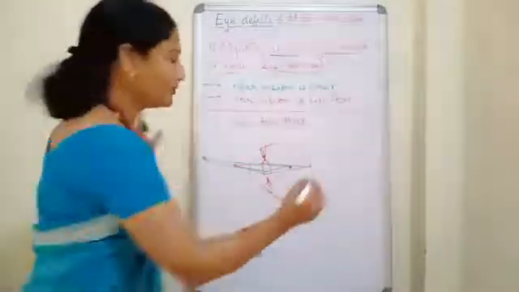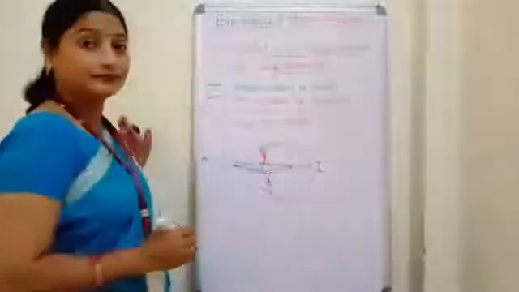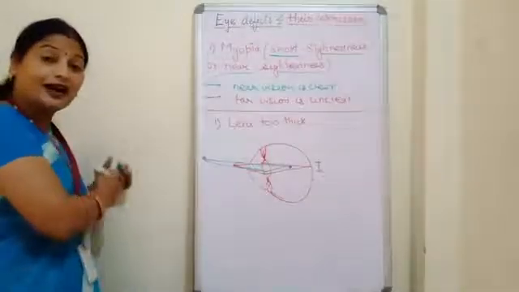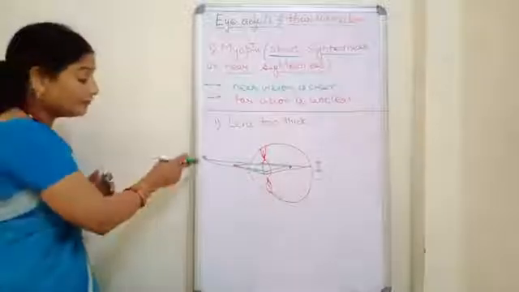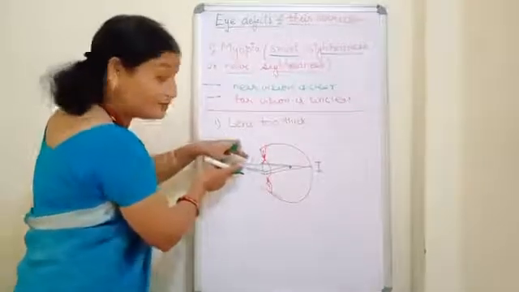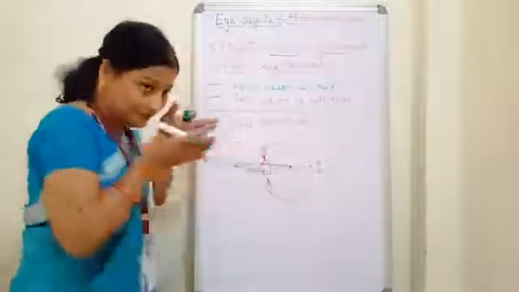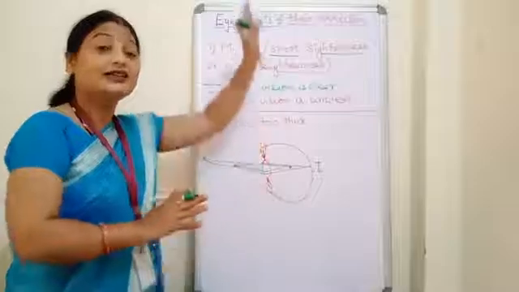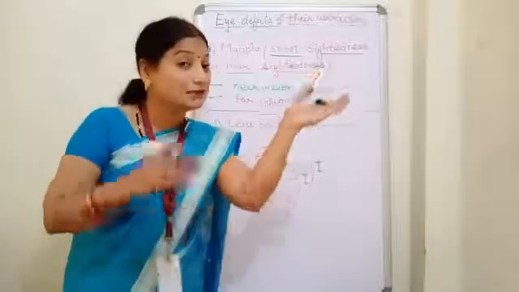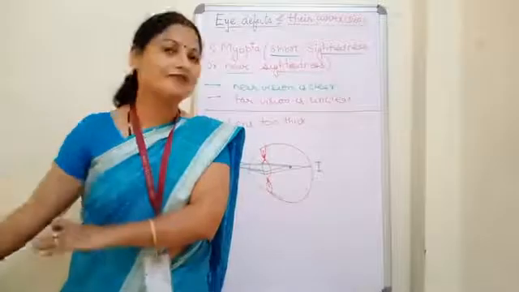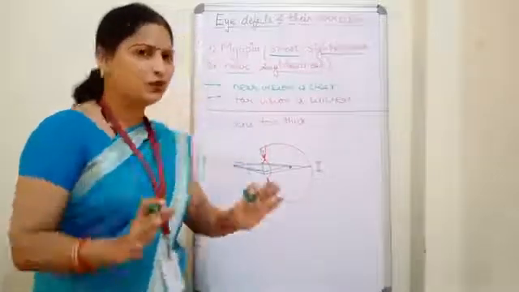But what happens if the objects are kept at a far distance? Then the rays have already become a little bit parallel. According to the rule we have already studied, if the rays come from infinity, they fall on the lens as parallel rays and they will fall at the focus. So this we know very well.